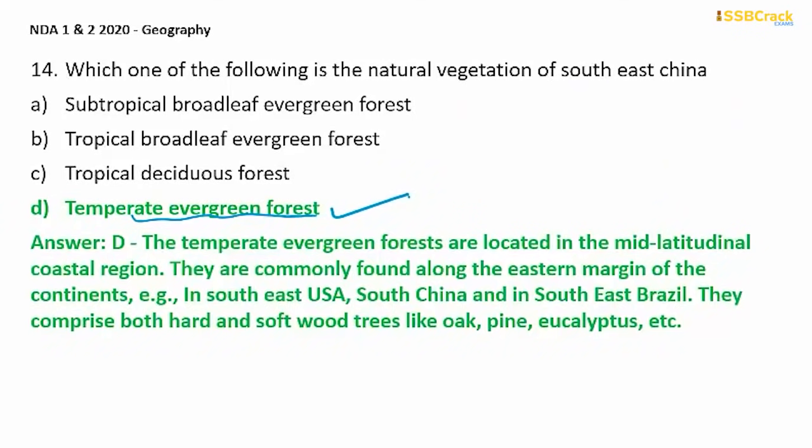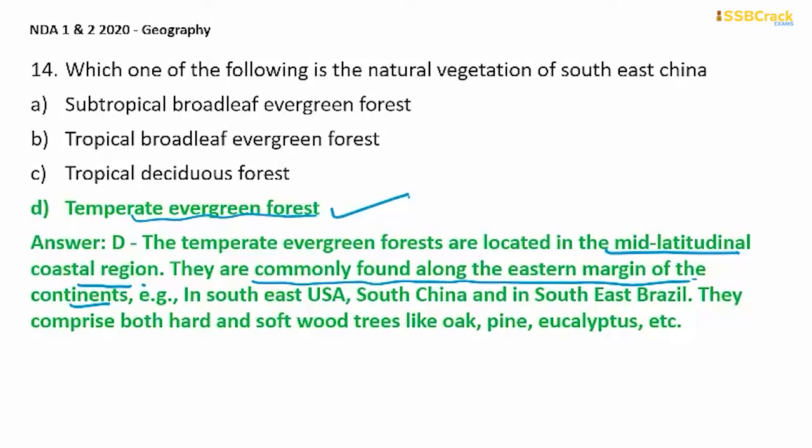Now, what are the features of these temperate evergreen forests? So these are located in the mid-latitudinal coastal region, and they are commonly found along the eastern margin of the continents. Since we are talking about the Asian continent, China, and that too the southeast China area, that area will have the temperate evergreen forest.